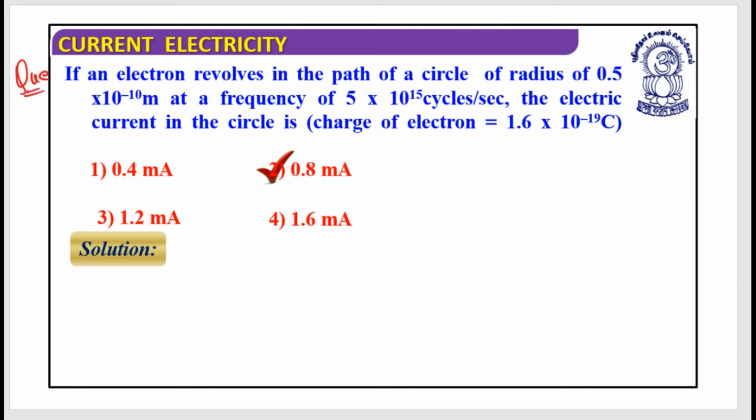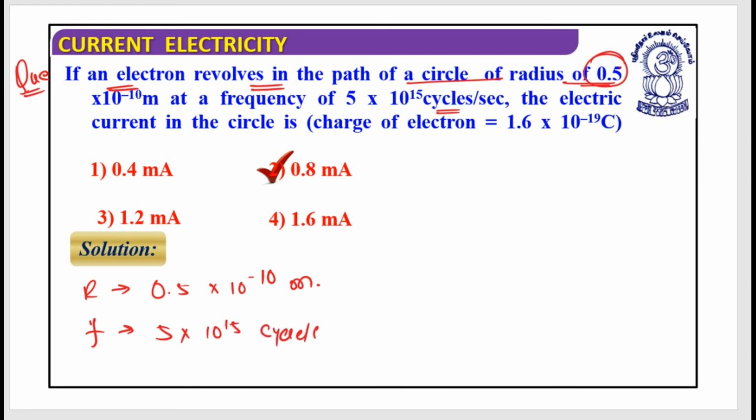What does it say? If an electron revolves in a circular path of radius 0.5 into 10 to the power minus 10 meter at a frequency of 5 into 10 to the power 15 cycles per second, then the electric current in the circle is?